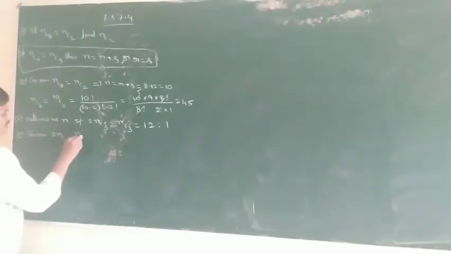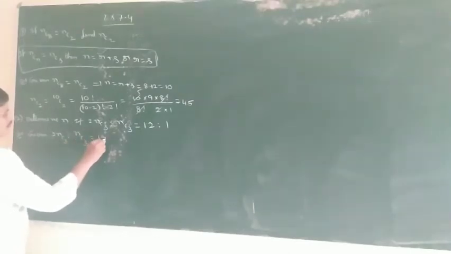Determine means find the value of n. How to find the value of n? Solution. First of all, given 2nC3 is to nC3 is equal to 12 is to 1.